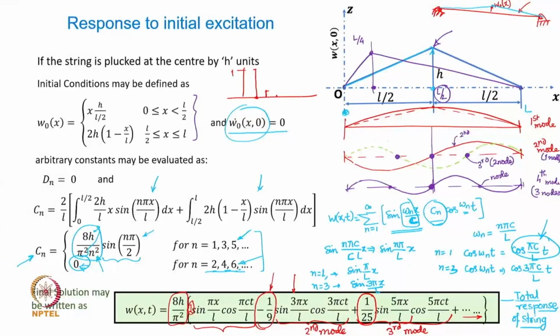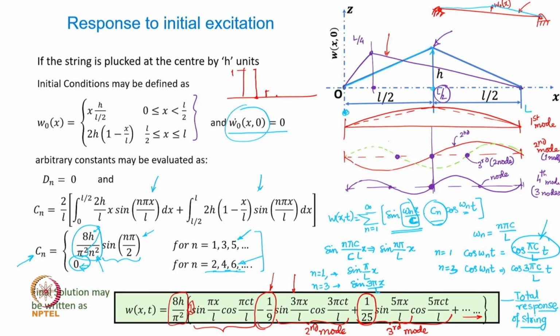You can show how they relate when you give an initial deflection in a slightly different form. It's all a simple mathematical exercise that you can carry out to explore further into what happens to the relationship of different modes when you give the initial displacement slightly different than what you have given here, okay.